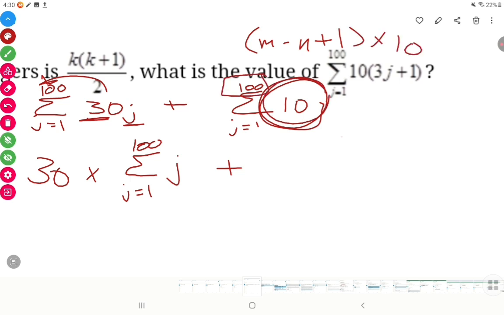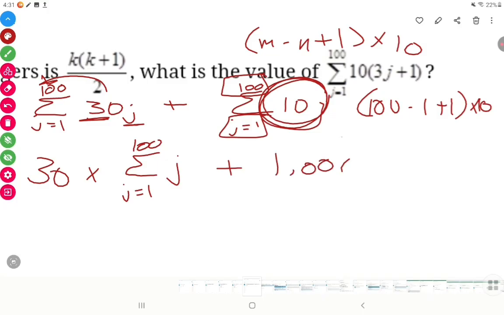So m is the number on top, which is 100. n is the number on the bottom, which is 1, so 100 minus 1 plus 1, times 10, is going to be 1000.